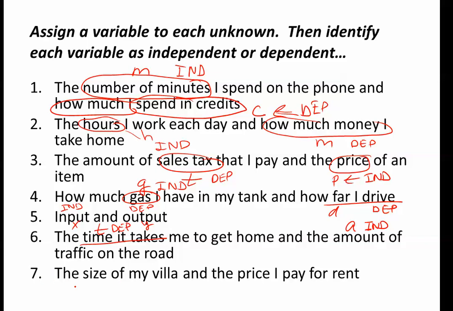Number 7: the size of my villa and the price I pay for rent. Which determines which? The size of the villa, we'll call that S, is going to determine the price that I pay, we'll call that P. So S is my independent, and P is my dependent.